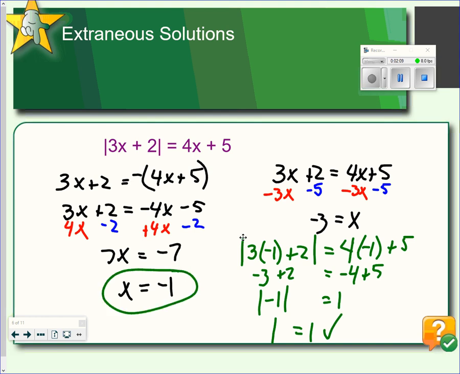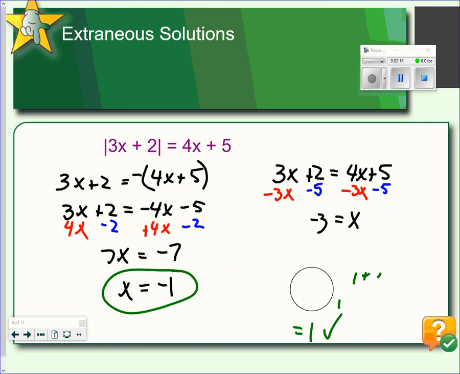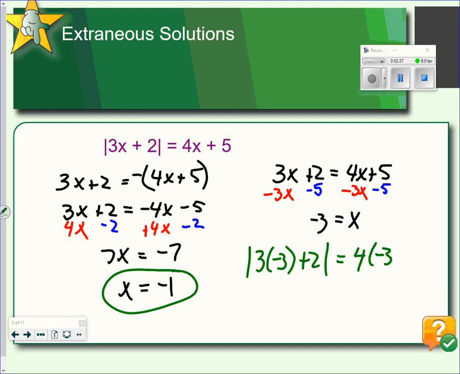So 1 equals 1. That solution works. So now we're going to check our other solution. So I'm going to erase this first. All right, so now we're going to plug a negative 3 in. So we have the absolute value of 3 times negative 3 plus 2 is supposed to equal 4 times negative 3 plus 5. So 3 times negative 3 is negative 9, plus 2 is negative 7.